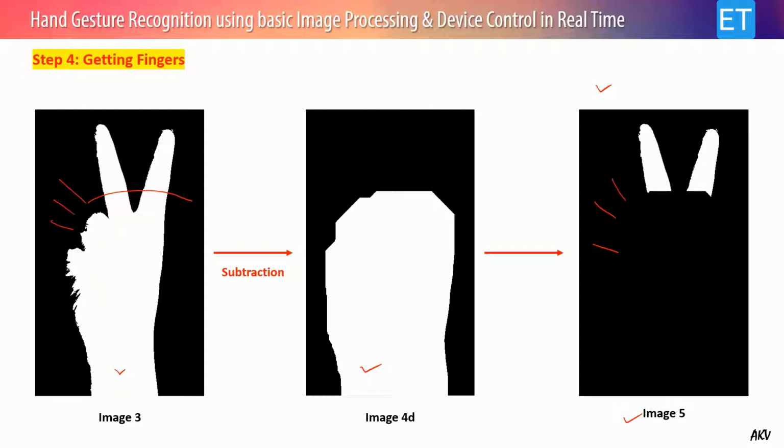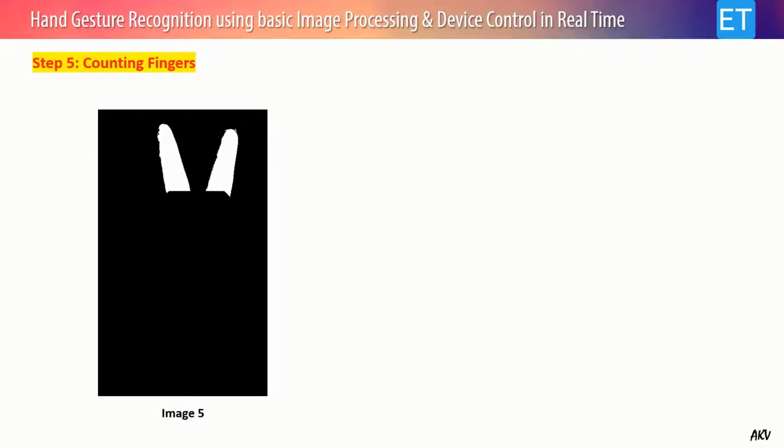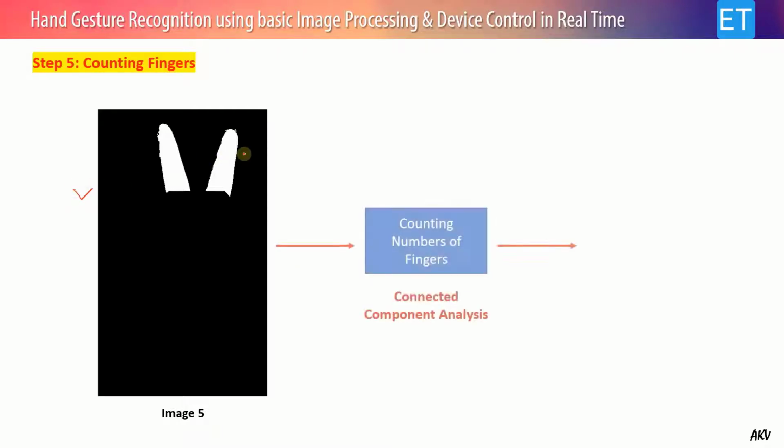So the process is very simple. So the logic is very simple. And now we will count the fingers. So after getting the finger areas, now we will count the fingers. That is achieved with connected component analysis. In the connected component analysis, this analysis actually gives a number to each pixel of a group. So this is one group. Each pixel will be assigned a number, let's say 1.